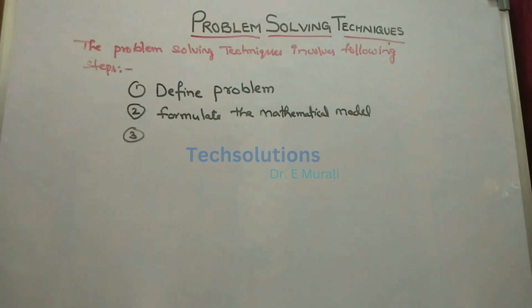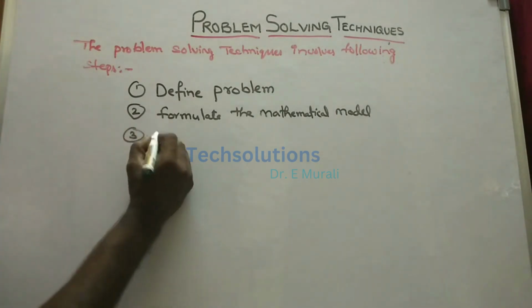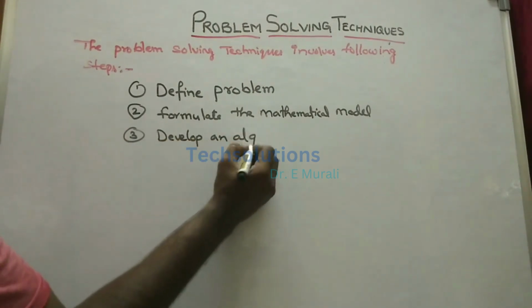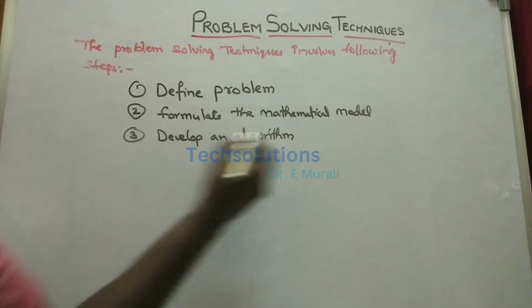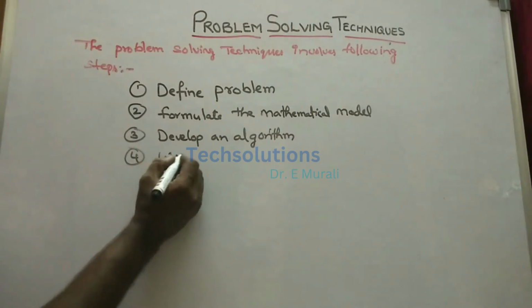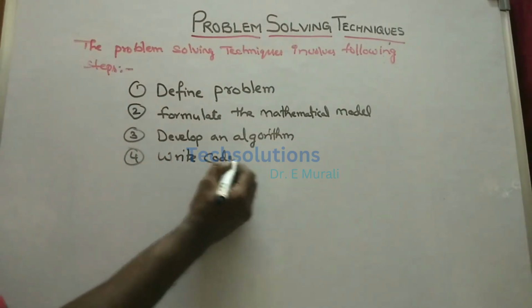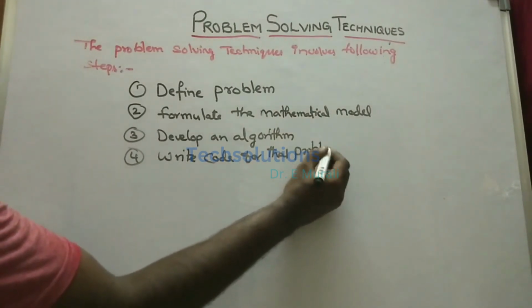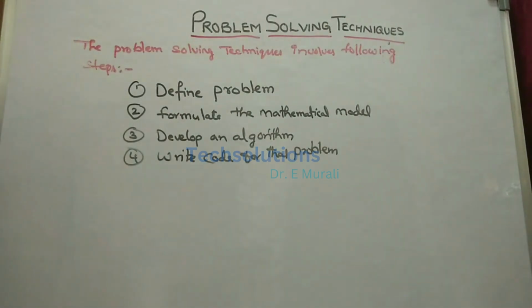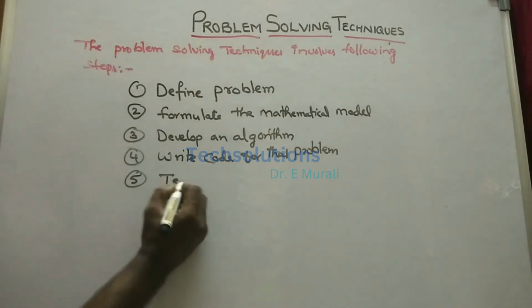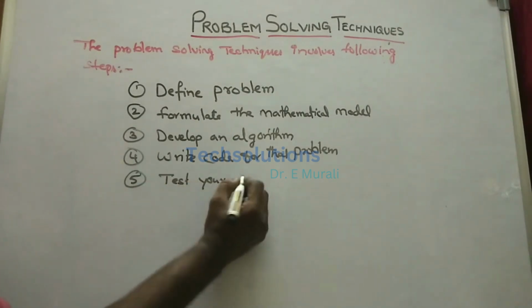Develop an algorithm. Right? What is the fourth step? Write the code for that problem. Whatever problem you have to solve, for that problem you have to write the code. And finally we have to test your program.